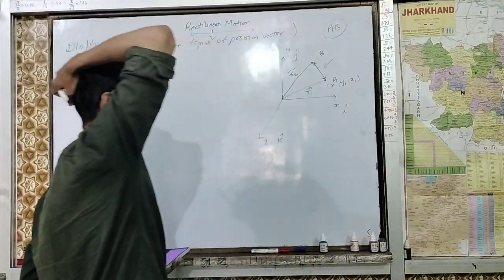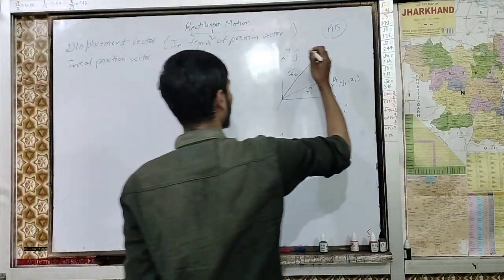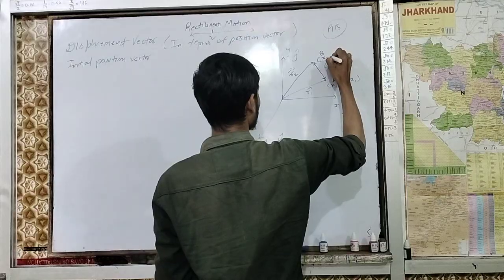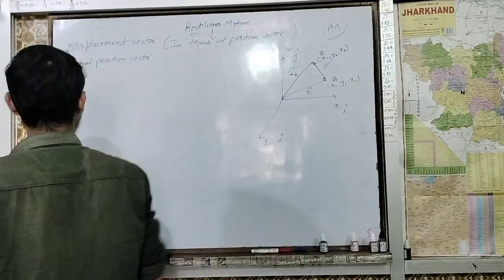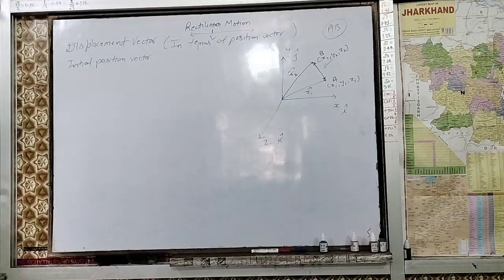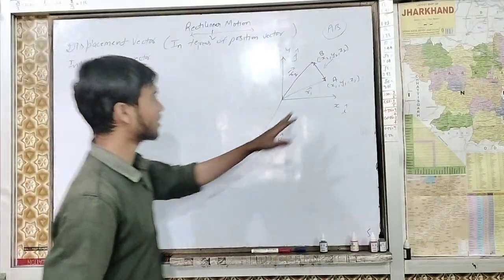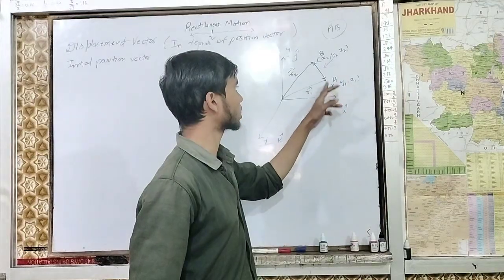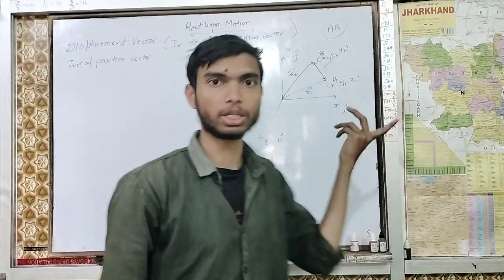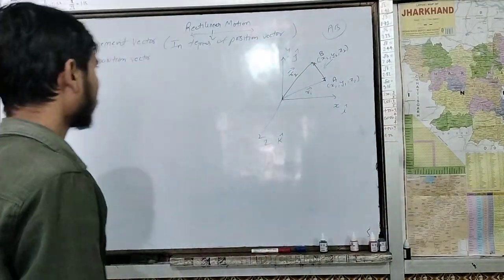These are the coordinates of the A vector, and the coordinates of the B vector will be x2, y2 and z2. Am I correct? x2, y2, z2. When it comes to displacement, we know it is final minus initial. So final is x2 minus x1, y2 minus y1, z2 minus z1. That is how we calculate displacement.